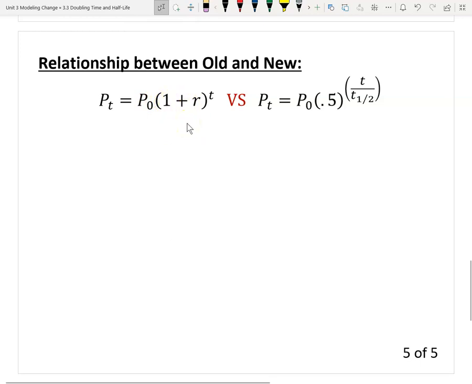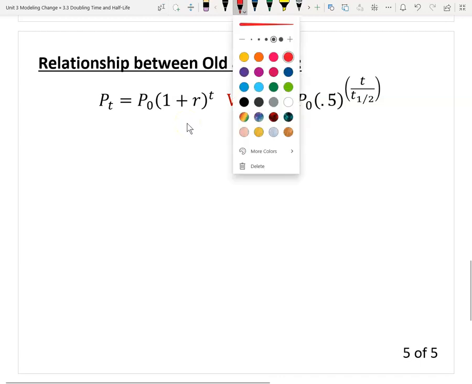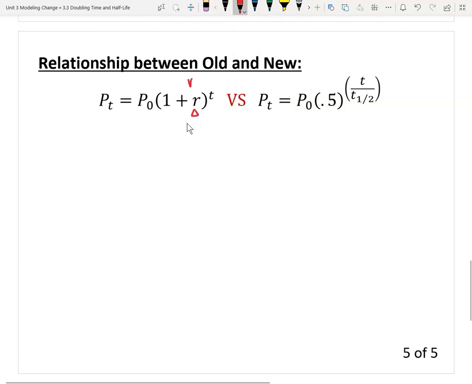If r is less than 0, we call it the decay rate, so it's an exponential decay model. The second one is the half-life decay model we are learning in this topic right now, which is also an exponential decay model. Both are exponential decay models, so we should find a relation between them.